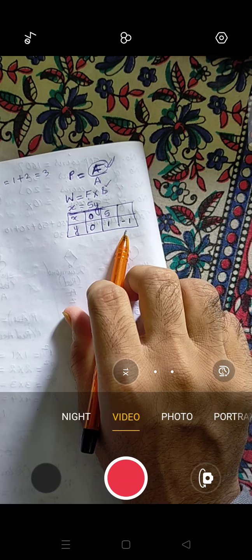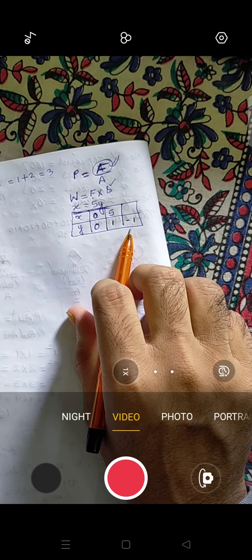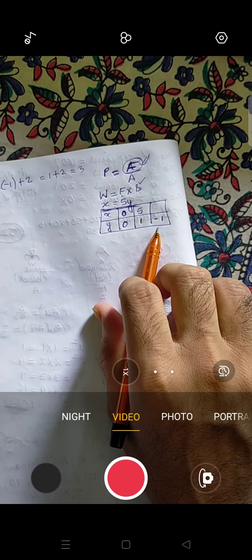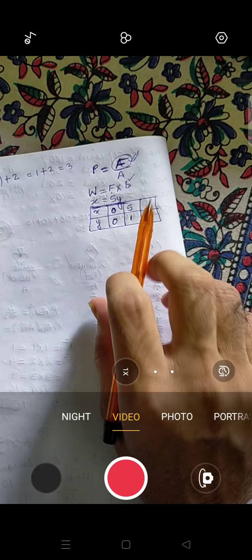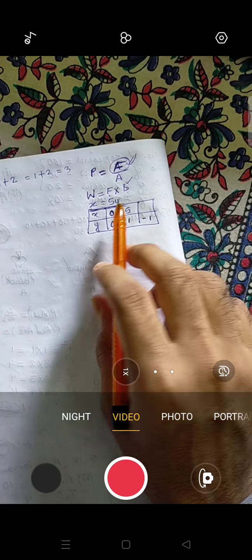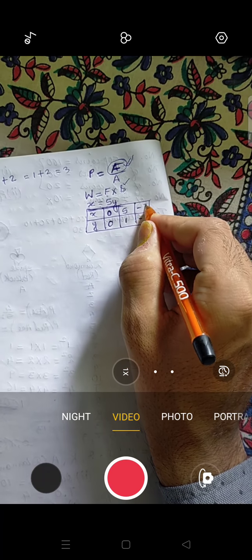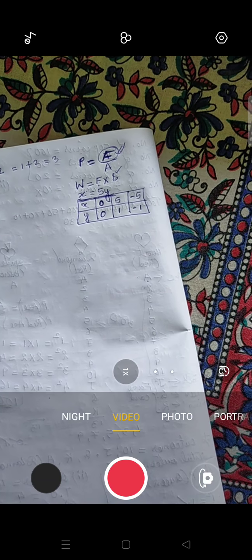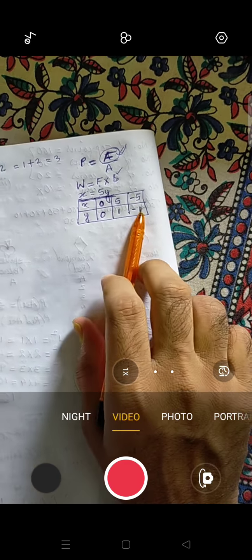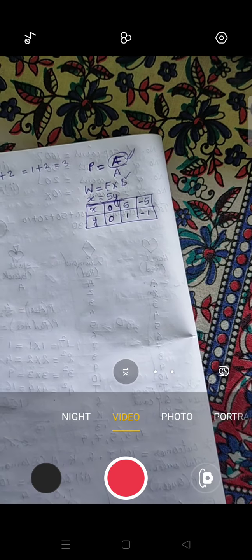Work can be negative also. I'll teach you when we do the chapter on work and energy how it becomes negative. So for y as minus 1, x will be minus 5. Any doubt? So these are the coordinates. You can put them in the graph.